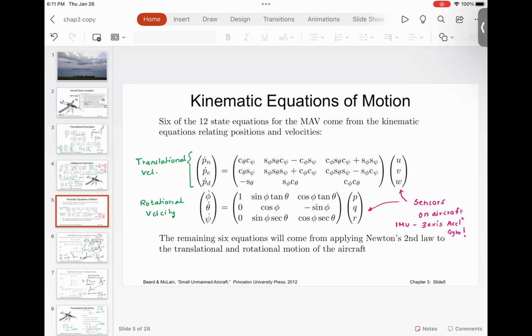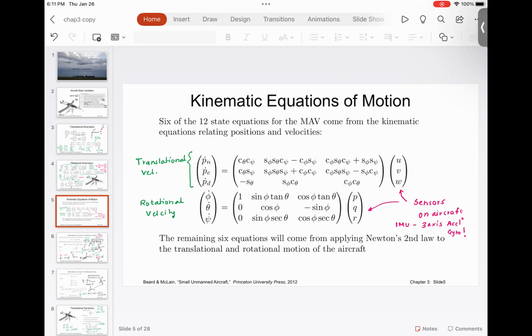Please try to understand, these equations are fundamental equations that can be used for determination of attitude and position or kinematics of any object. The only issue here is these equations are expressed in terms of Euler angles.